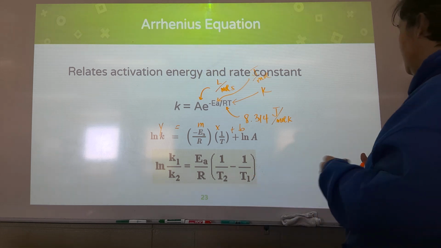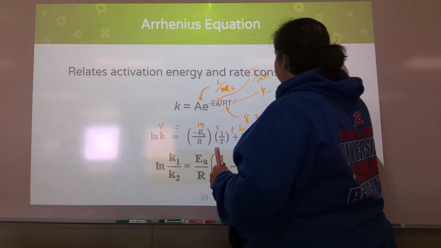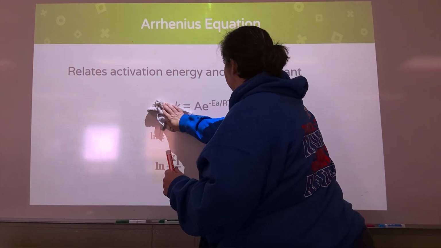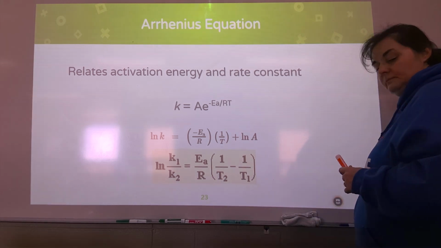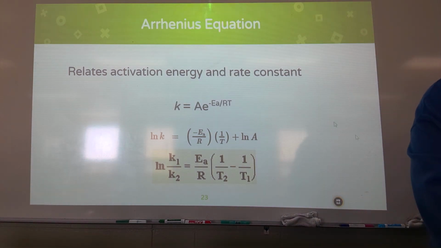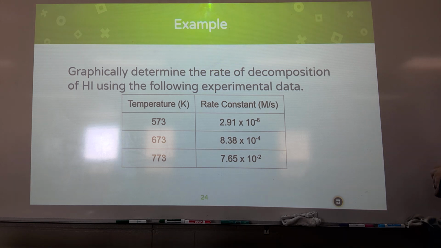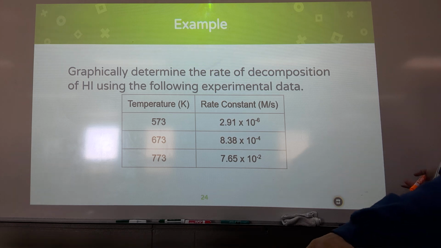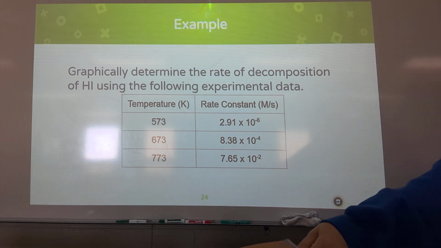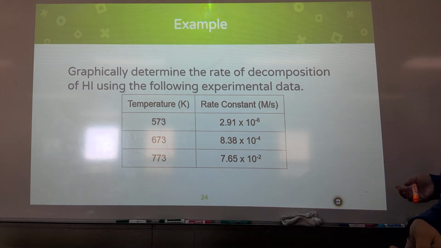Okay, so let's do that example. It says to graphically determine the rate of decomposition of hydrogen iodide using the following experimental data. So I can take this experimental data and plug it into my equation.